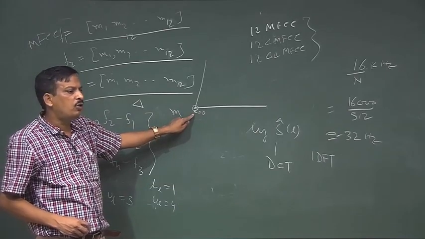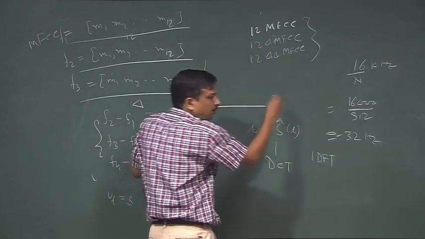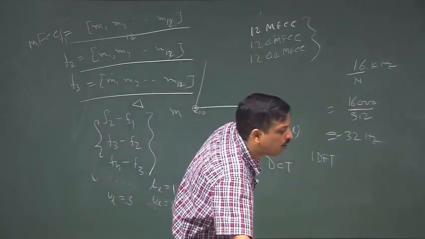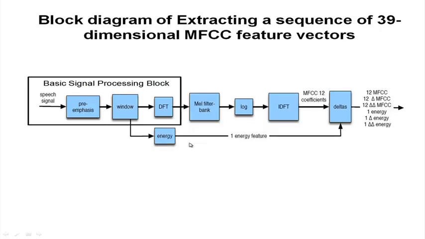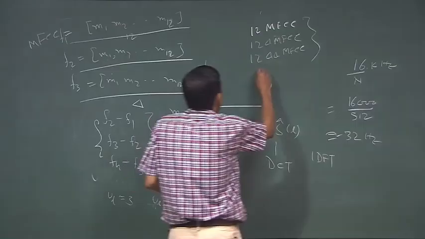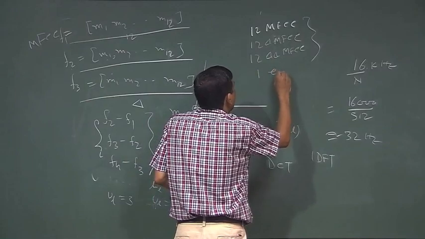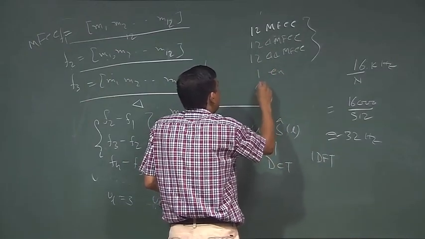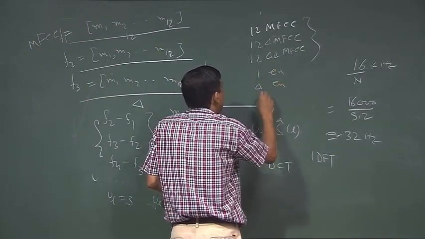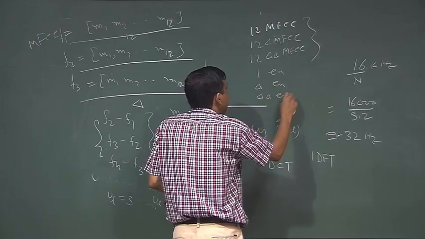Okay. So, what do I do? I will take the energy of the signal, which can be directly computed after windowing. The average energy of the signal I can directly compute, and I take the first energy of the signal. Once I take the energy, I can take the delta energy and the double delta energy.